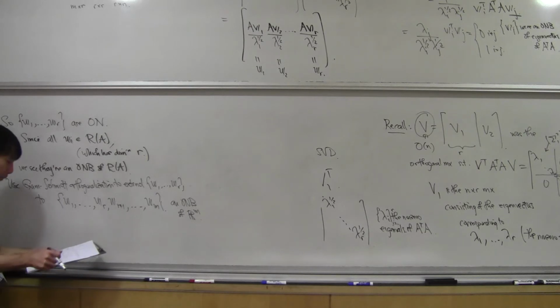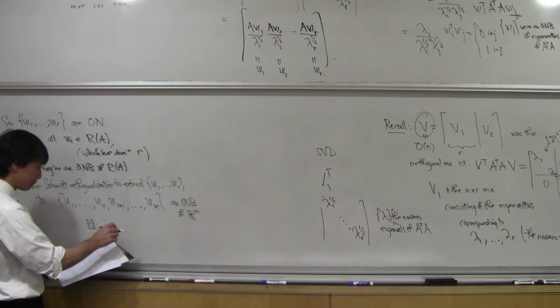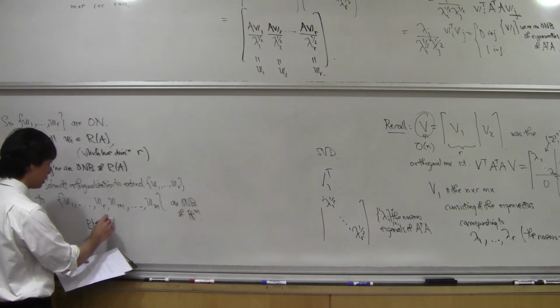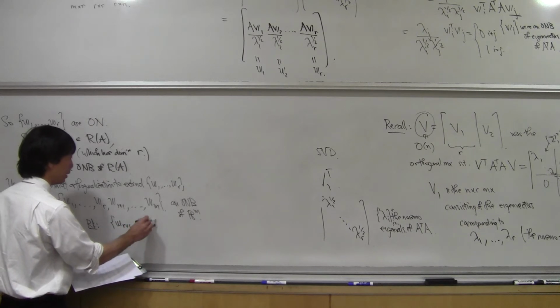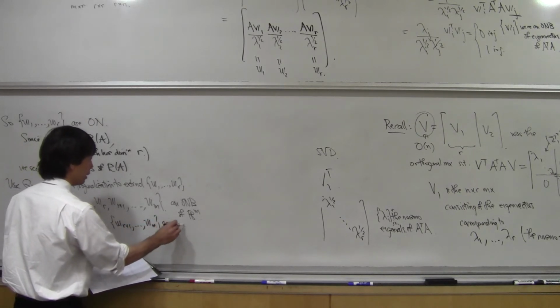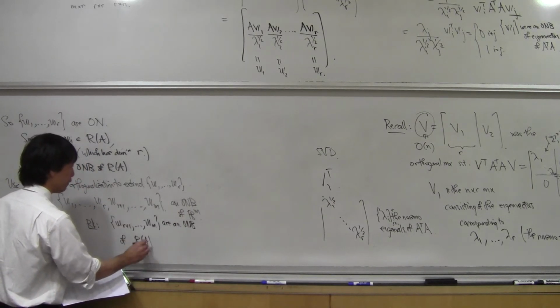Okay. Just a remark. Notice that these second guys, UR plus 1 through UM, are an orthonormal basis of the range of A perp.